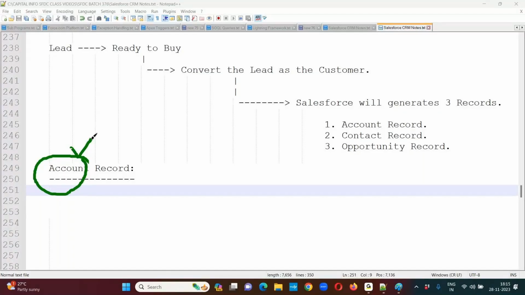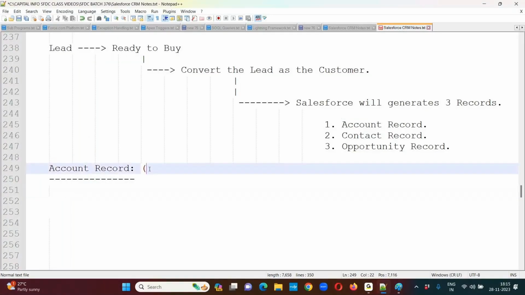Now, whenever we convert a lead into a customer, Salesforce will generate three records. The first one is the account record, which contains the basic details of the customer.